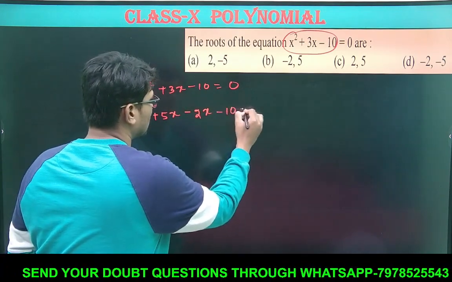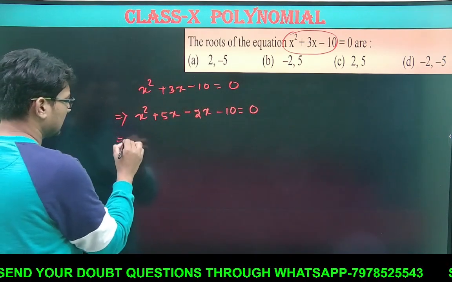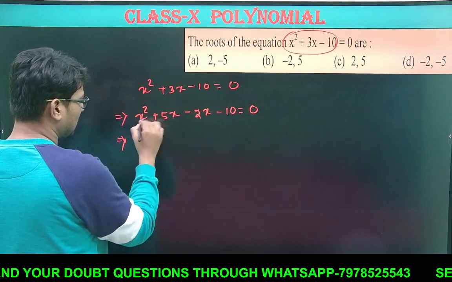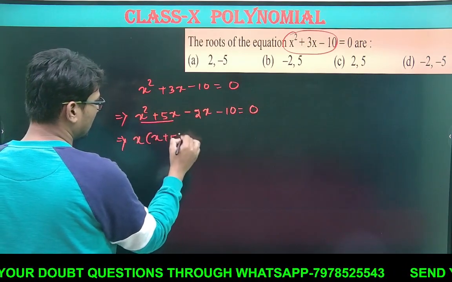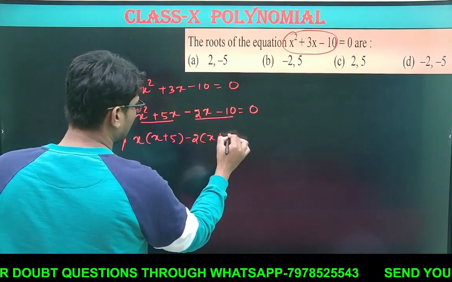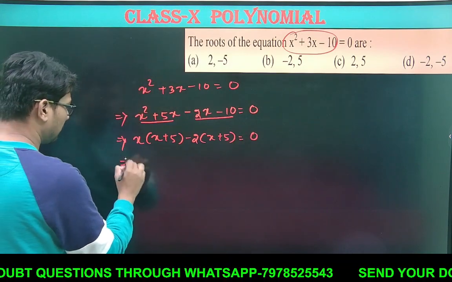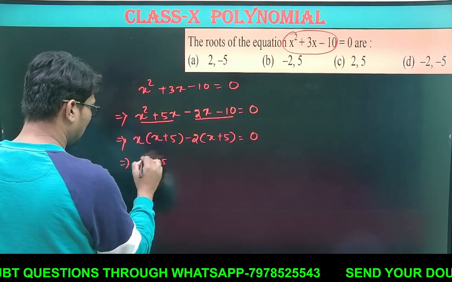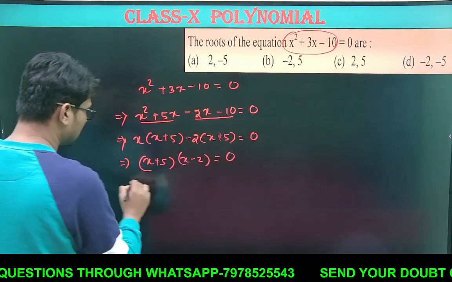So we have split the middle term. Hence x is common from the first two terms, leaving x plus 5. From the other two, minus 2 is common, leaving x plus 5, which gives x plus 5 into x minus 2 equals 0.